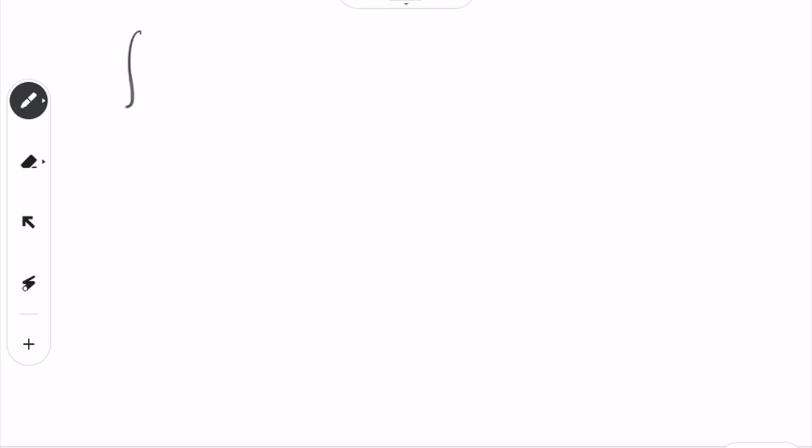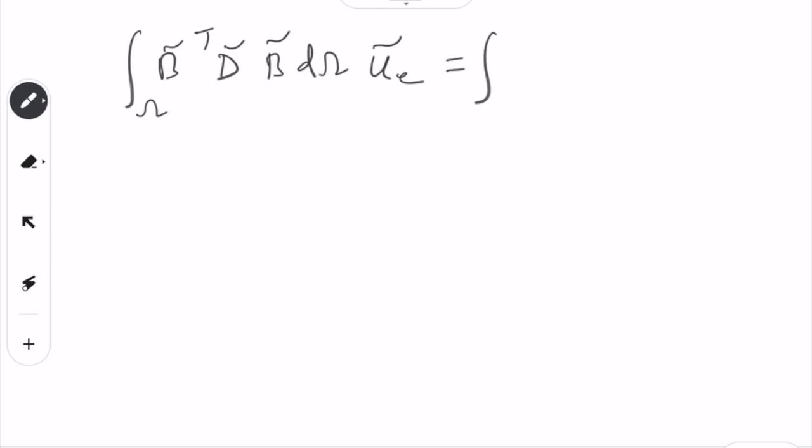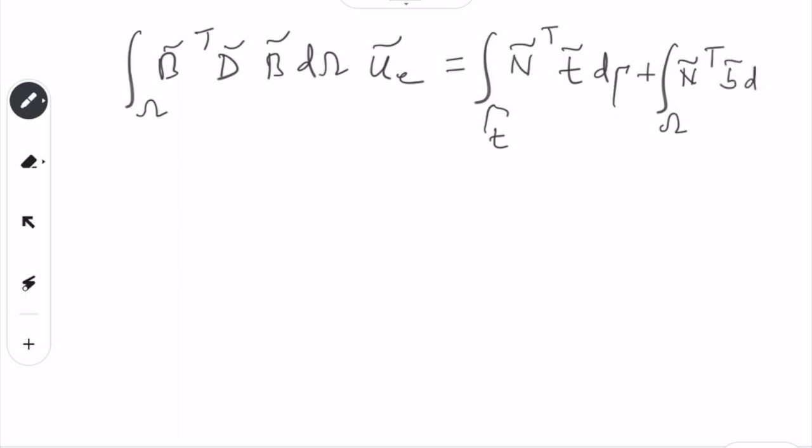Hence, we have integral over omega of B tilde transpose D tilde B tilde d omega, then u e tilde, is equal to, first we have integral over gamma of N tilde transpose t tilde d gamma plus integral over omega of N tilde transpose b tilde d omega.